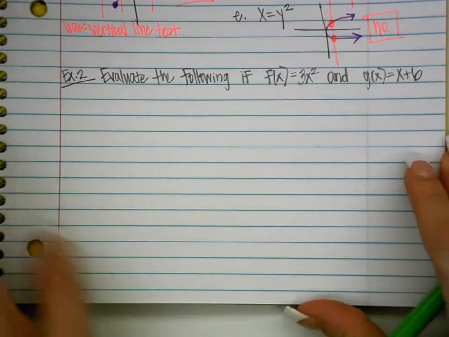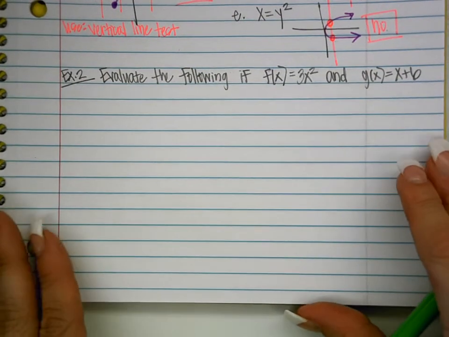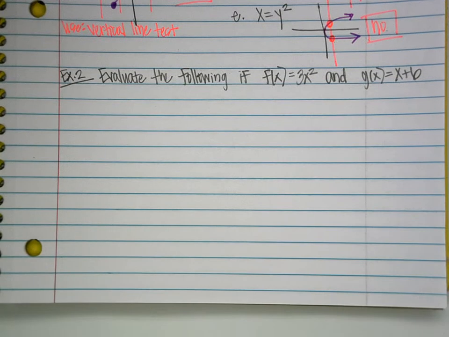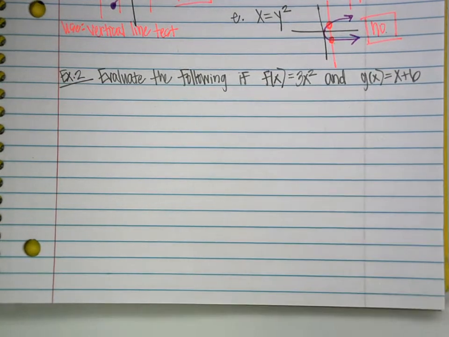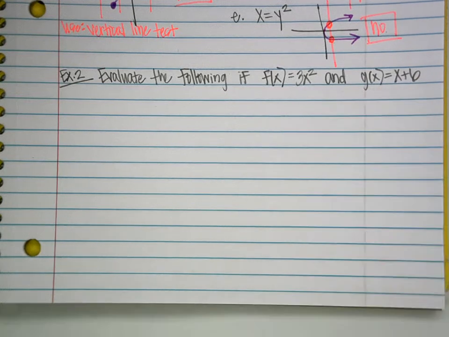You guys okay if I move this up? Evaluate the following. If f of x equals 3x squared and g of x equals x plus 6.